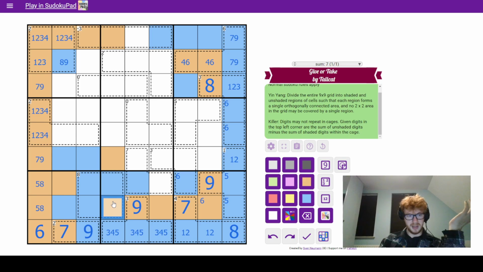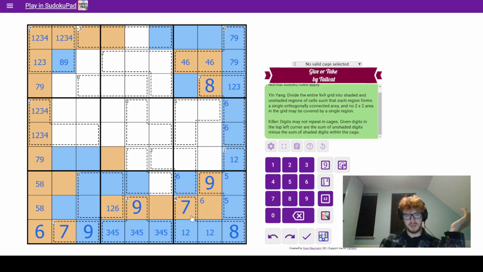Can this ever be 8? If this is 8, this has to sum up to 16. Oh, that's not possible, because the minimum is like 3 and 4, so 7. That would have to be 9 to sum up to 16, so this couldn't be 8. So this is either 1, 2, or 6.